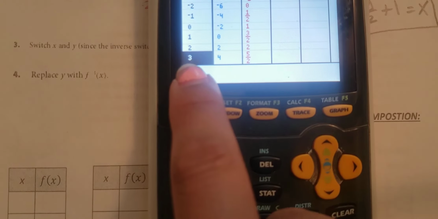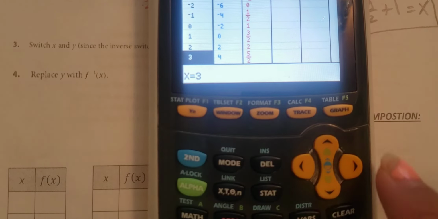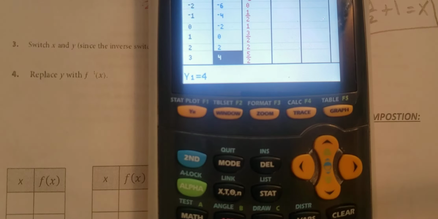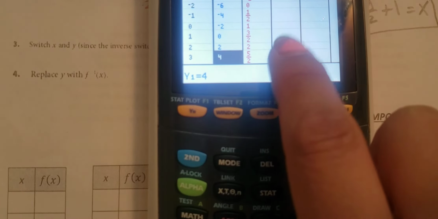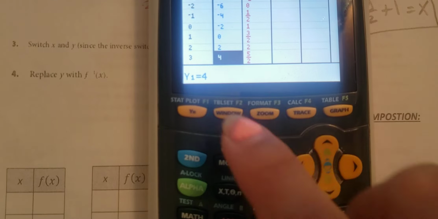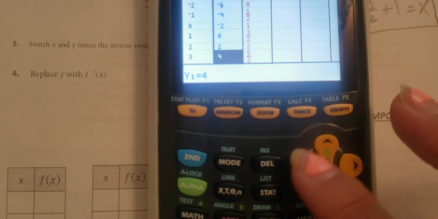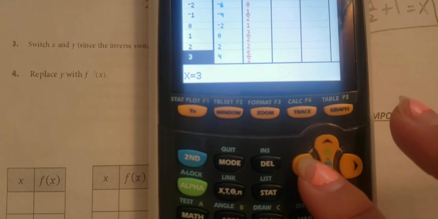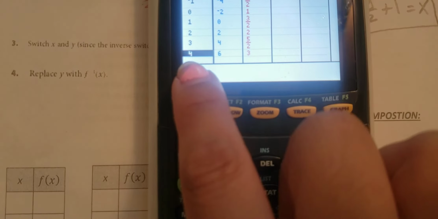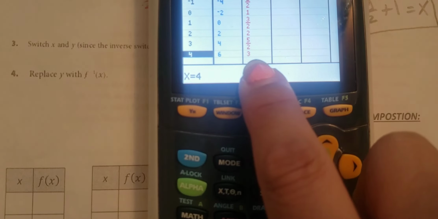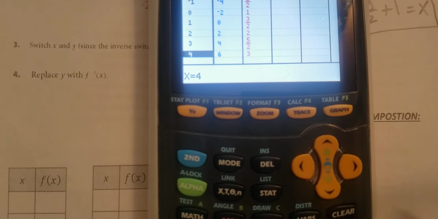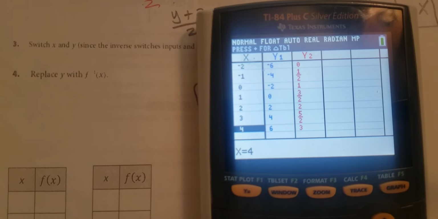See, when x is 3 here, y is 4. So now in the red one, I believe that was our second one, remember, they're going to flip. So go to 4. When x is 4, look, it should be 3 here, because remember, you have to flip them. Okay, so you can check that way.